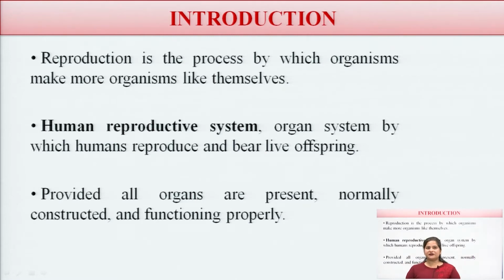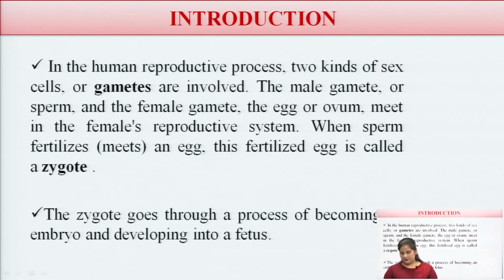Now the human reproductive system is an organ system by which humans can reproduce living offspring. All the organs must be present and function properly. In the human reproductive system there are two kinds of sex cells, known as the gametes.